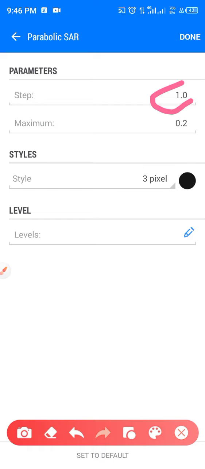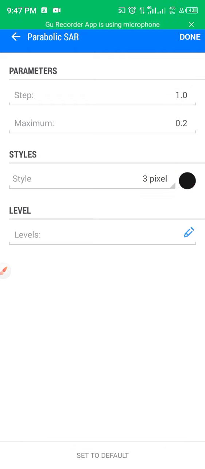Then just choose your color. You can use black or any color you wish, but make sure this color is opposite the color of your screen. If you are using a dark screen like a black background, this color should be white. If you are using a white background like me, you should use black or any other color that is visible. Leave the levels, do not put anything down, click done.